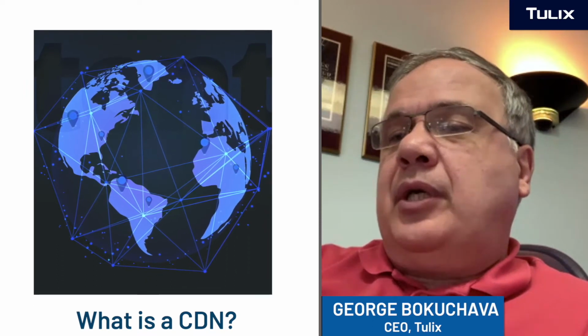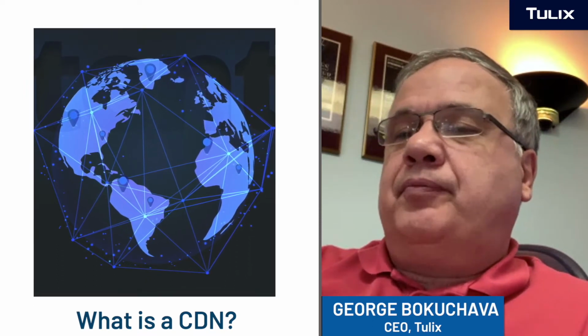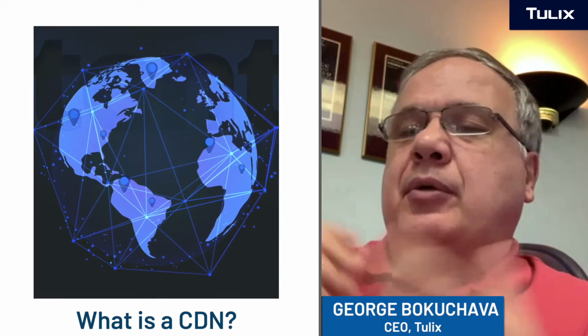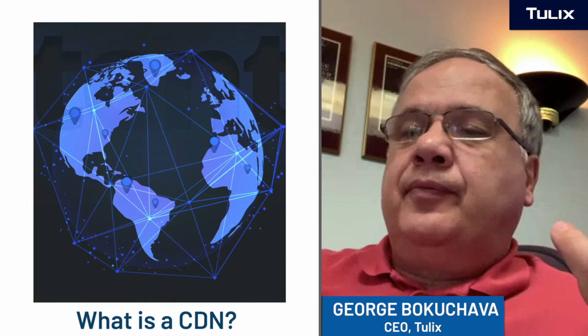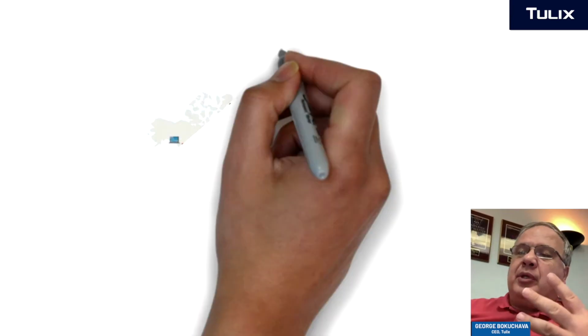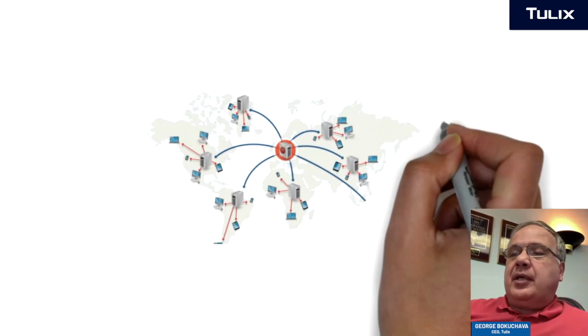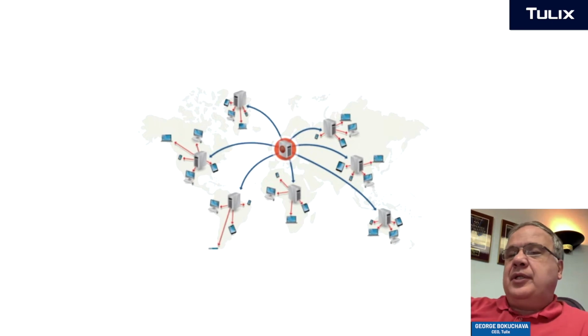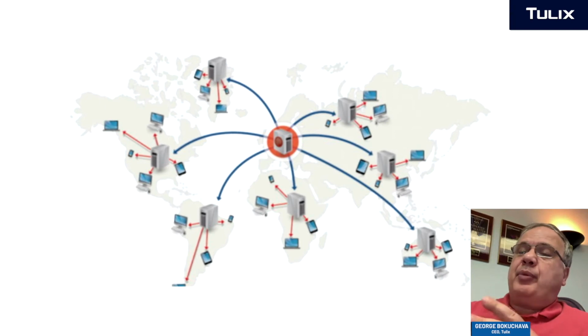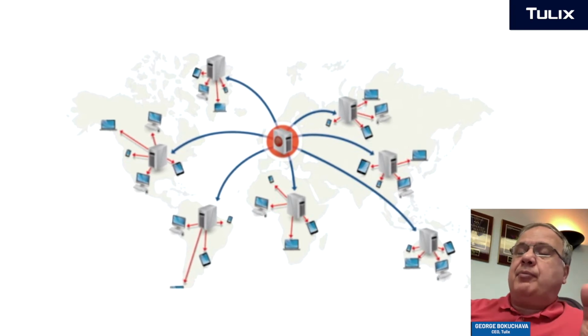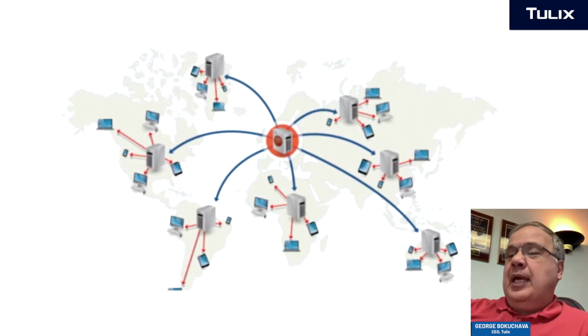The next iteration was mostly third-party companies that created a number of servers with content that needed to be distributed geographically to a lot of different locations. This was like a second generation CDN, which served different companies like Microsoft, Apple, and so on.